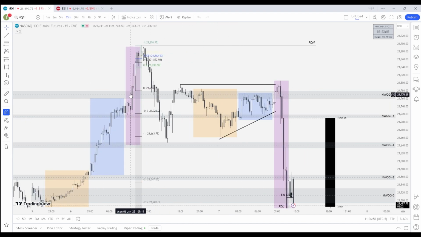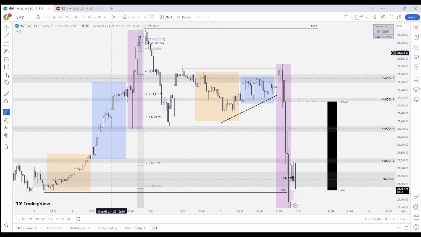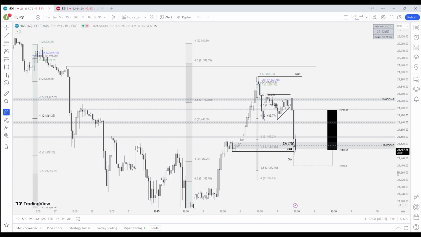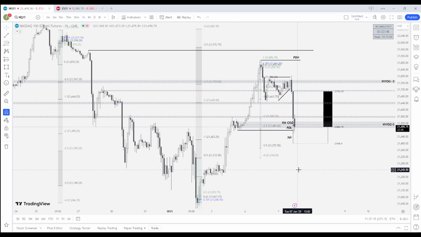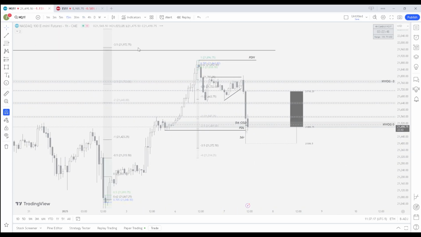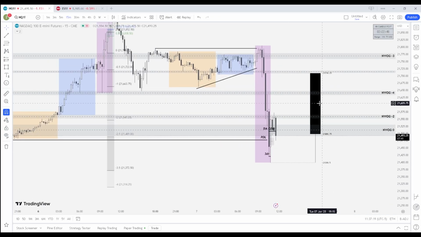And also because of just how the daily profiles work, I was kind of expecting Tuesday to be manipulation lower. So if we go to the 1 hour, we can see that we are in the buy side of this market maker buy model. So I'm expecting the week overall to be bullish, right?